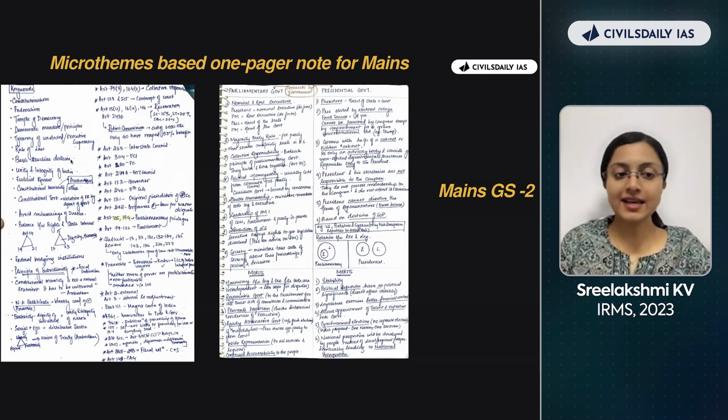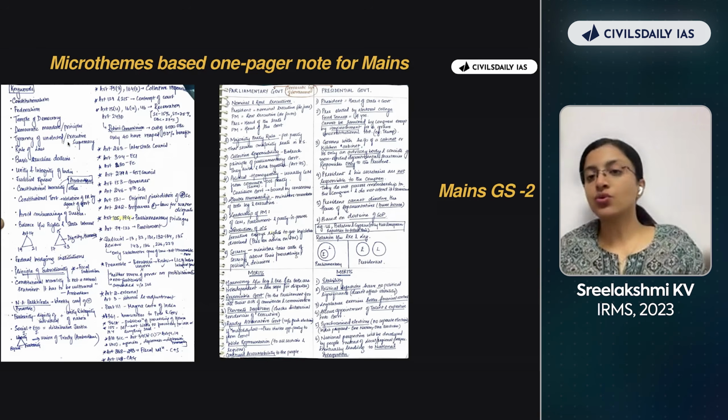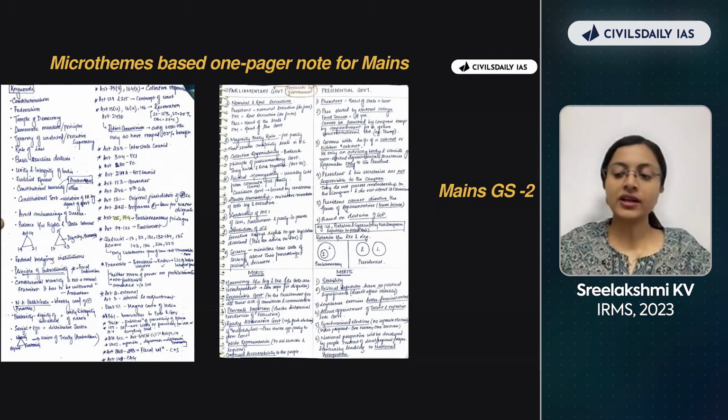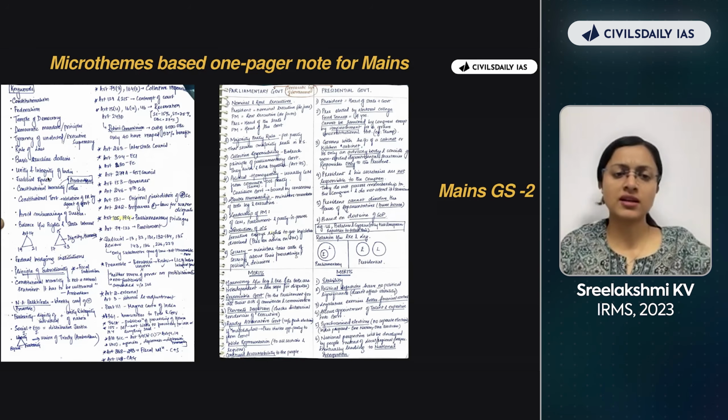So these keywords must be added in your answers. I have a list of keywords like that. One thing is you have the conceptual clarity and you write it in your own words. You must not do that. You must use those keywords which are mentioned in the Constitution or which make your answer more polity-specific.